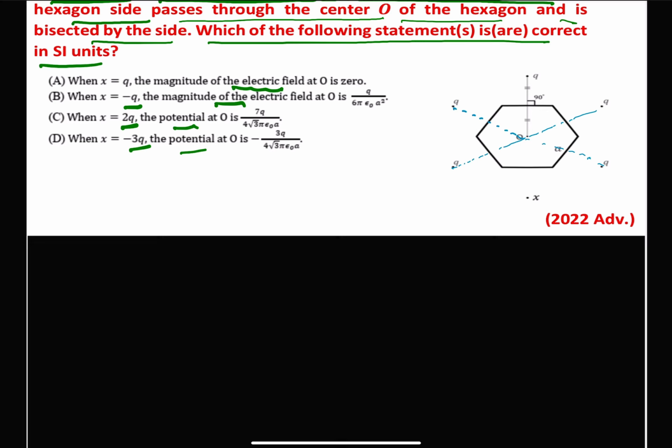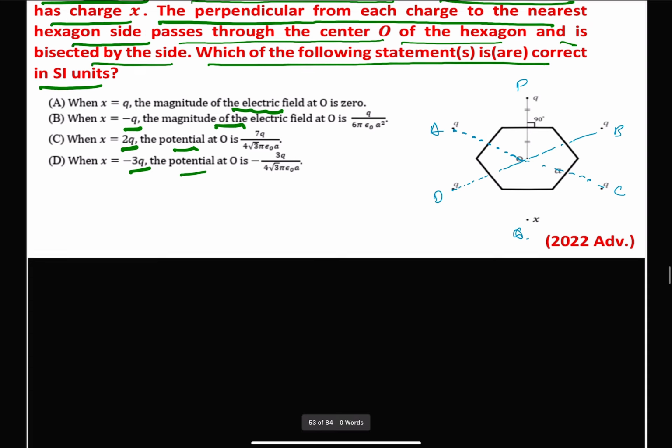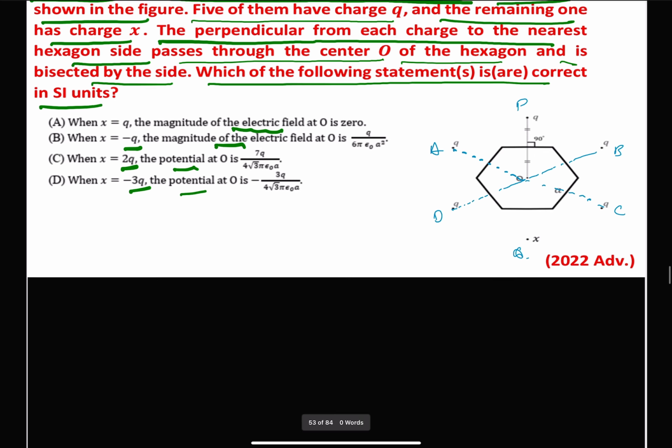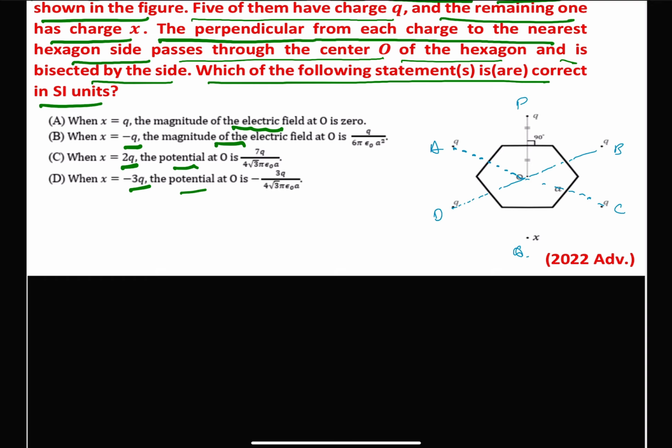Let us call these A, B, C and D, and let us call this P and this Q. And these are in the perpendicular through the center O and bisected by the side. And we can just complete this something like this.